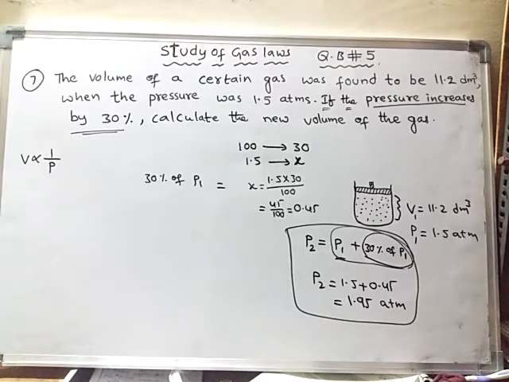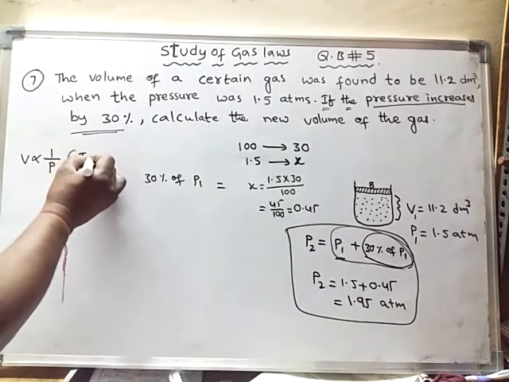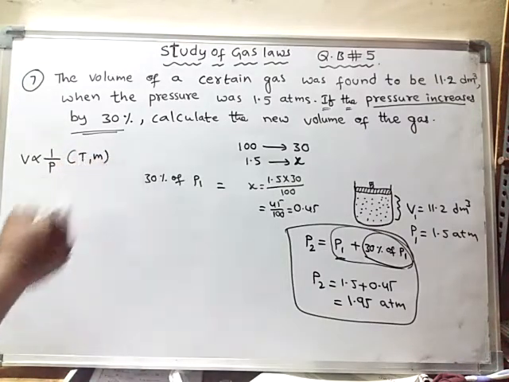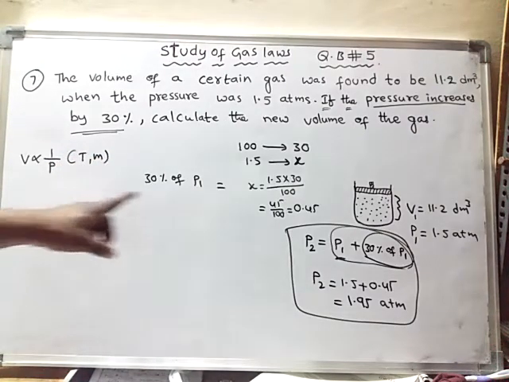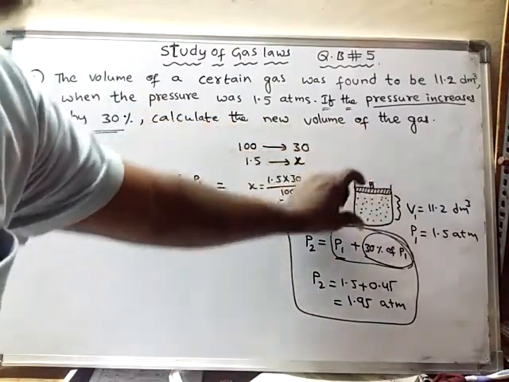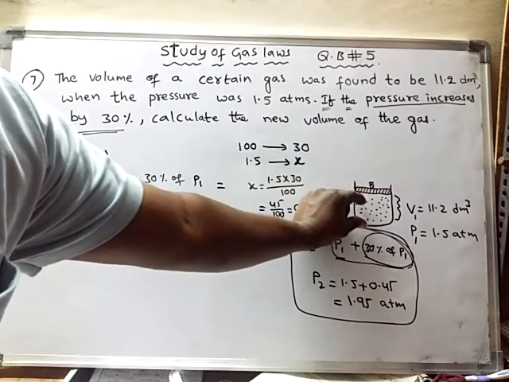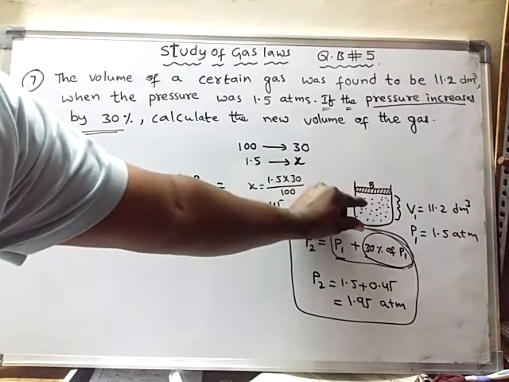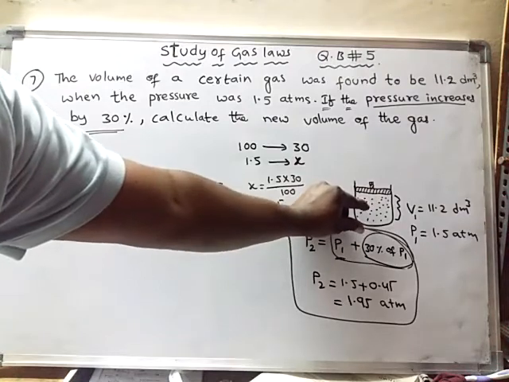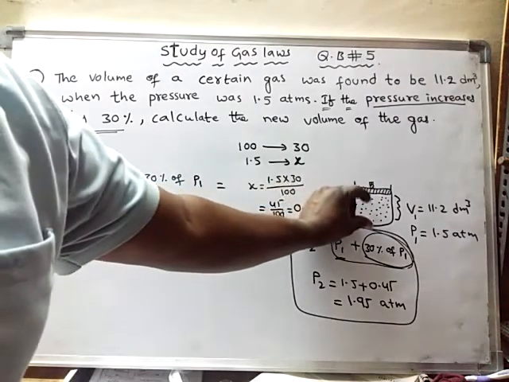Whenever pressure is increased, volume must decrease when the temperature and the amount of substance are constant. Here the amount of substance is not changed. All the gas molecules have come together, but there is no loss of gas or additional gas, and the temperature is also not changed.